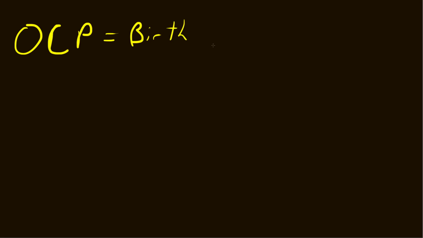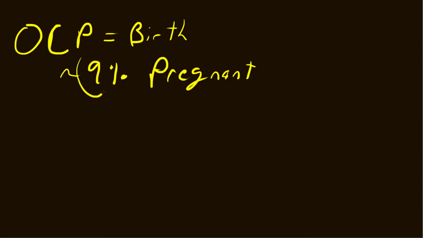They don't work perfectly. In fact, not so perfectly at all. In fact, about 9% of women will get pregnant, even if they take the birth control pills, because most people don't take them exactly perfectly, et cetera, but 9%. So you got 9 out of 100 are going to get pregnant.